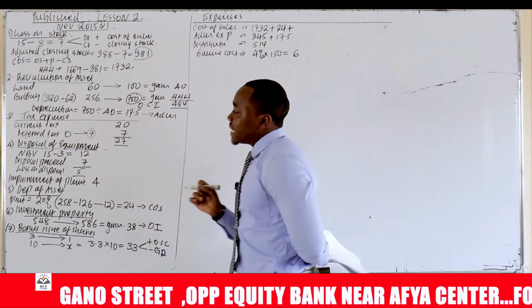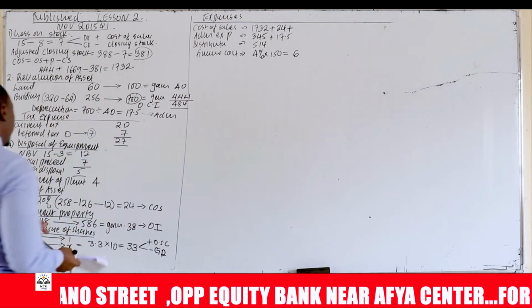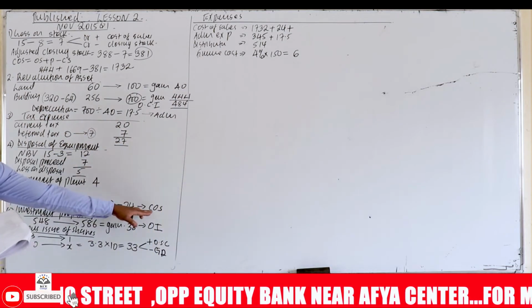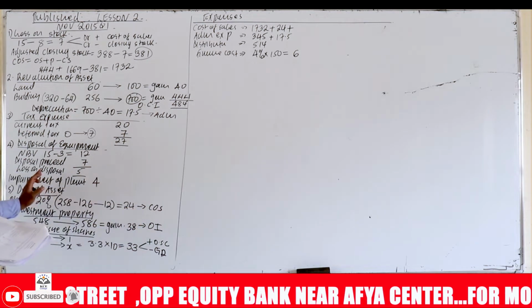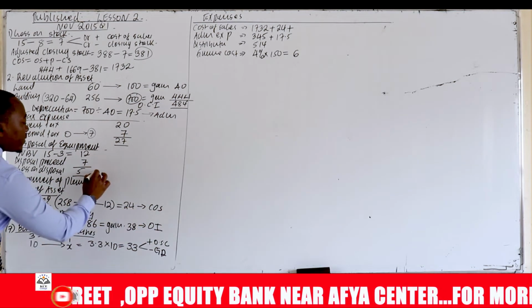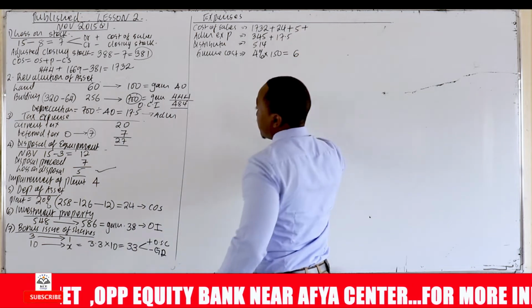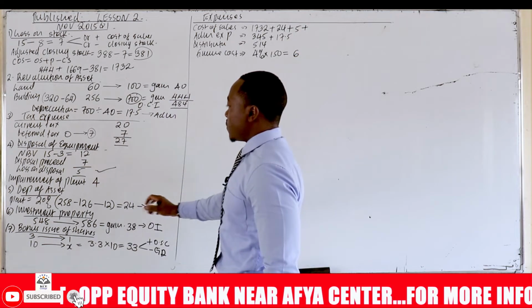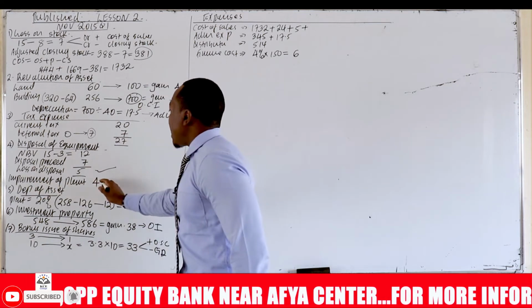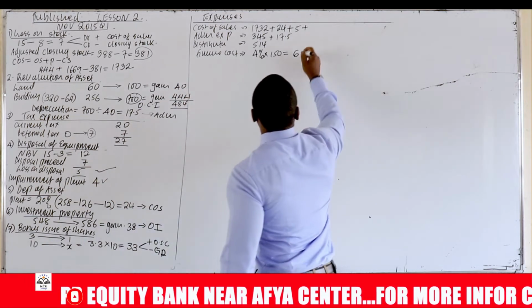Plus, now, since any expenses relating to plant and equipment, you are taking to the cost of sale. Also there was loss on disposal of 5. Also that one you take it to the cost of sale, because all expenses relating to plant and equipment, we are taking to the cost of sale. Also, there was an impairment of asset 4. You also take it to the cost of sale.